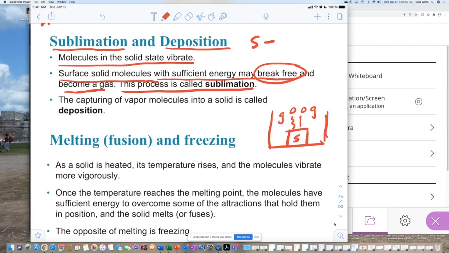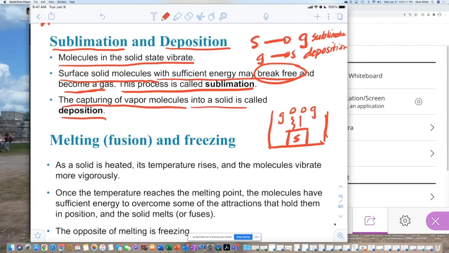So going from solid directly to gas without ever forming a liquid is called sublimation. Okay. Then the reverse, going from gas straight to solid, is called deposition. Like a deposit, deposition. The capturing of vapor molecules into a solid is called deposition. Okay. So you're going the reverse.